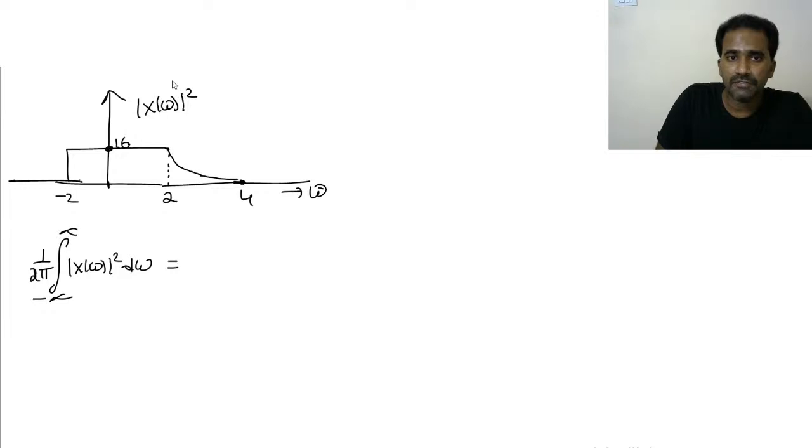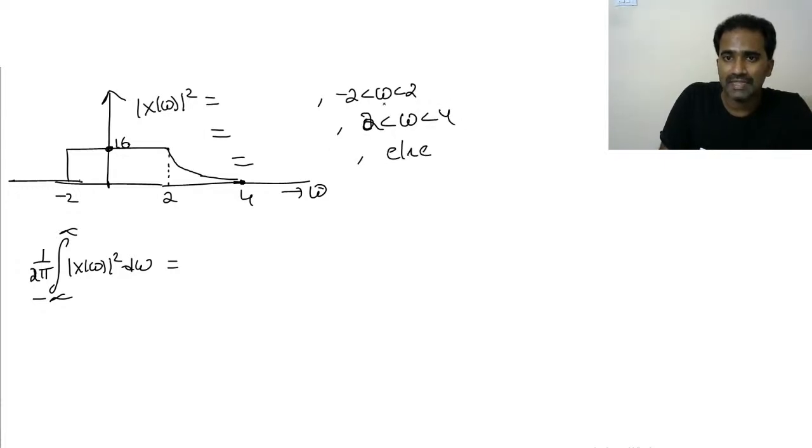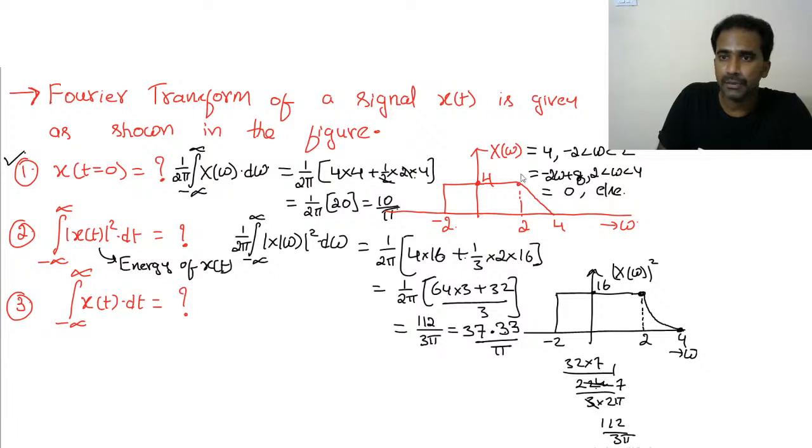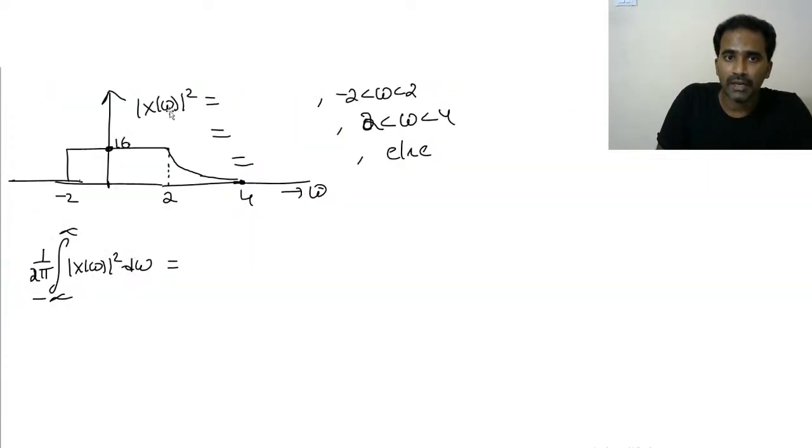Now, what is the equation of x of omega whole square? It is minus 2 less than omega less than 2, then 2 less than omega less than 4, and elsewhere. In 3 regions, we have written 3 different equations, right? So let us copy the same equations but by squaring, because we want the square of that equation.